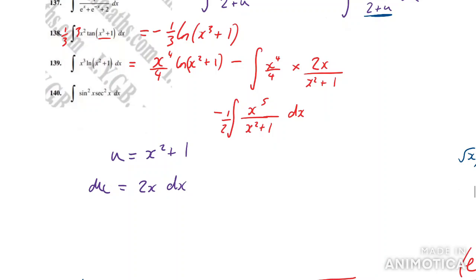And so that integral becomes minus half integral, u, x squared is u minus 1. So this is u minus 1 to the 5 over 2.